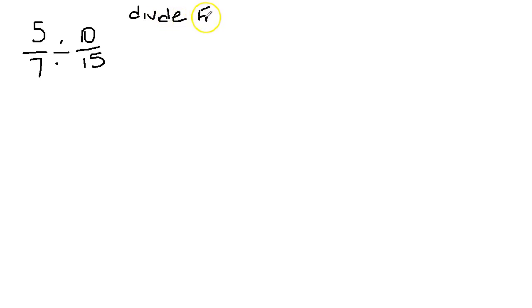Divide the fraction. That's the instructions, right? So what's going to happen? We have to write the division as a multiplication by the reciprocal of the divisor. And then we simplify the second fraction and complete the multiplication problem, okay?